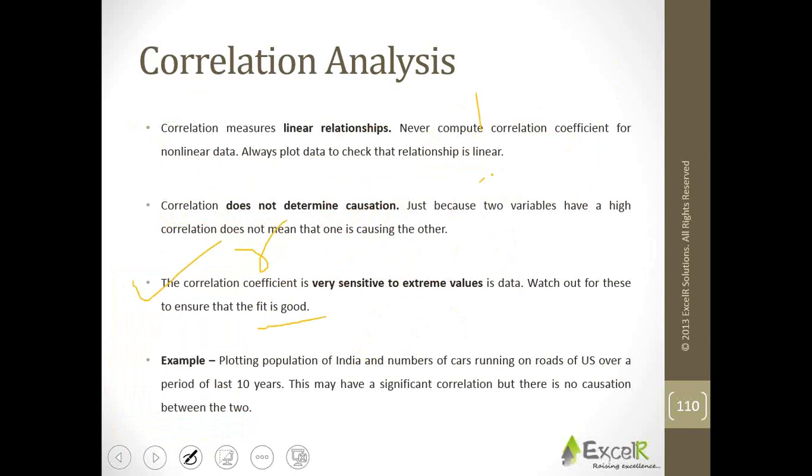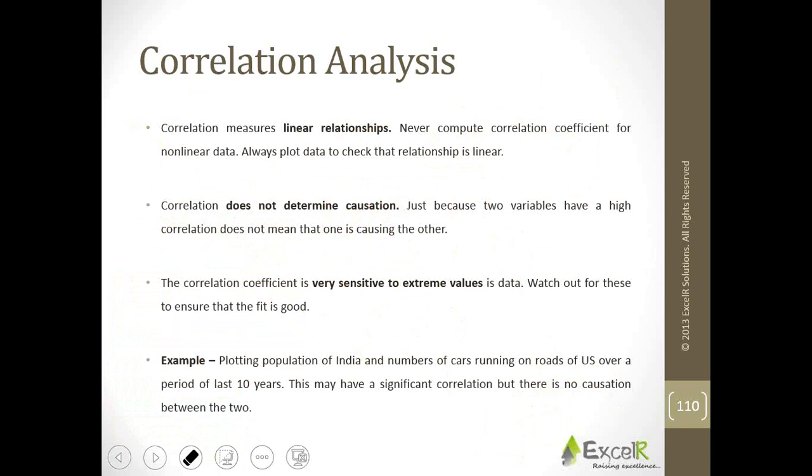So if you have numbers 1, 2, 3, 4, 5 and suddenly you have 100, this 100 is obviously an outlier. These kinds of extreme values are going to influence your correlation coefficient. So you should be sensitive to this and be able to identify these.